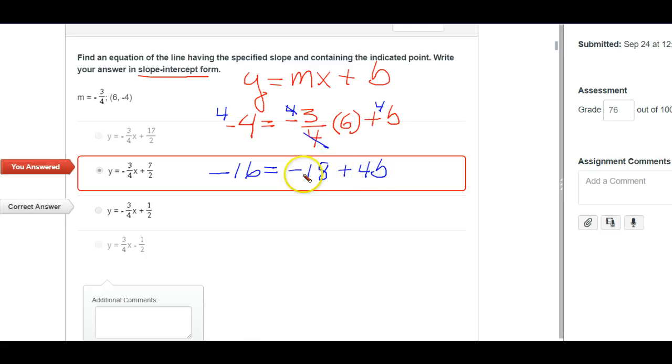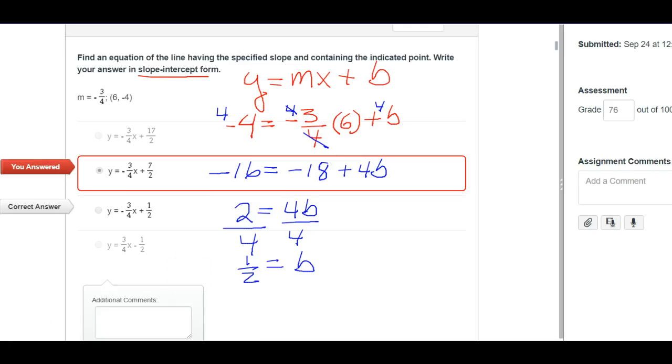Now we're going to transpose this to the other side so we can solve for b eventually. On this side it becomes a +18, so we get 2 equals 4b. And then we divide both sides by 4, and we get b equals 1/2.